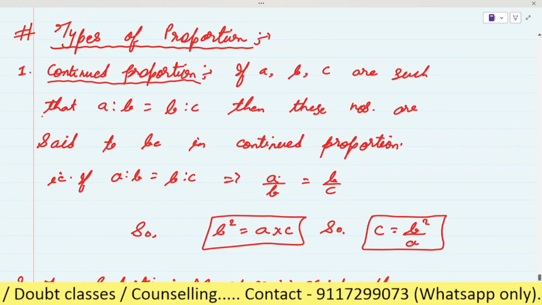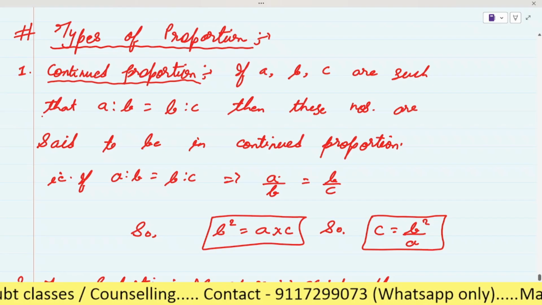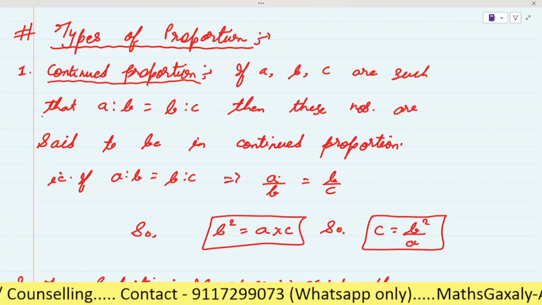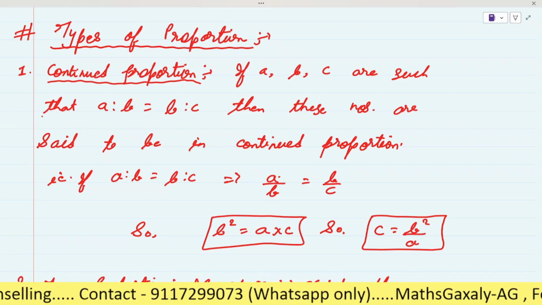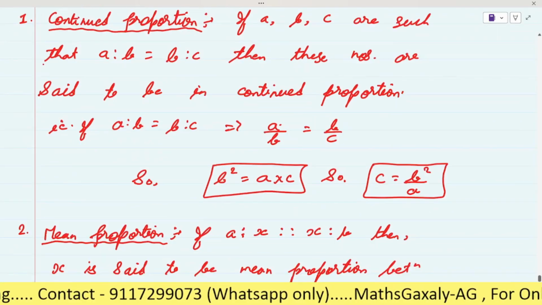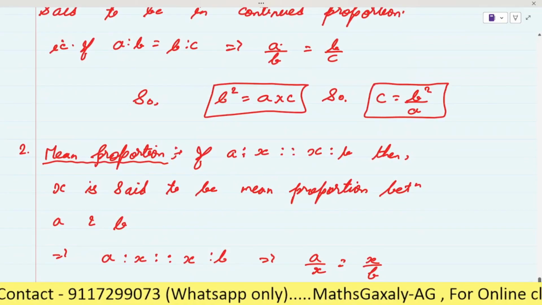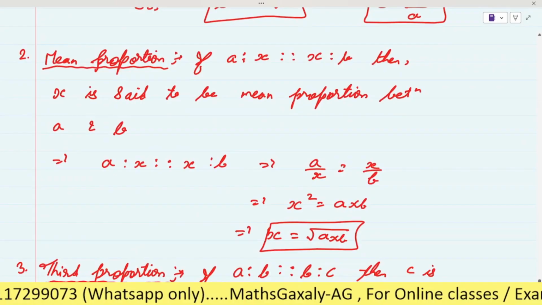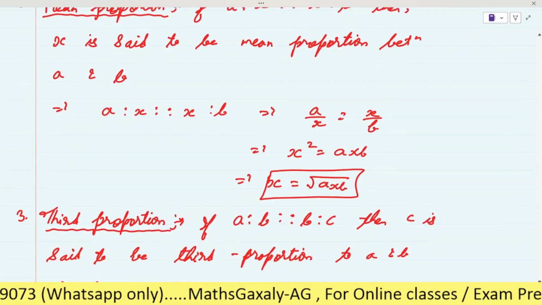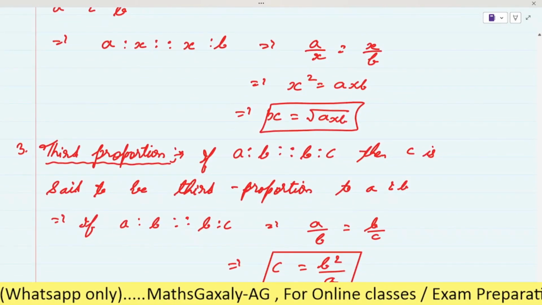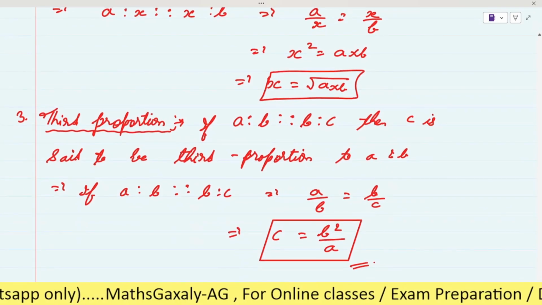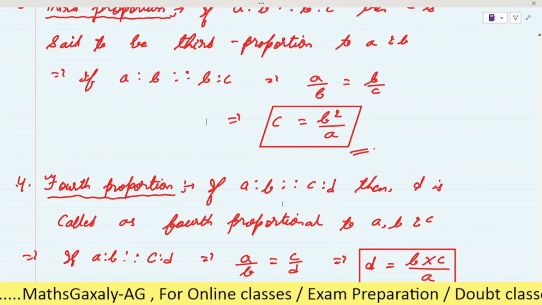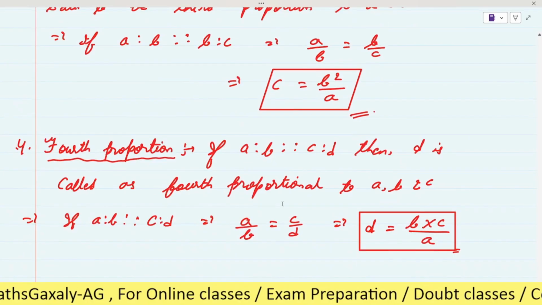Continued proportion is A cross C, or B square by A. Mean proportion or mid proportion is root under A cross B. Third proportion is B square by A. Fourth proportion is B cross C by A.